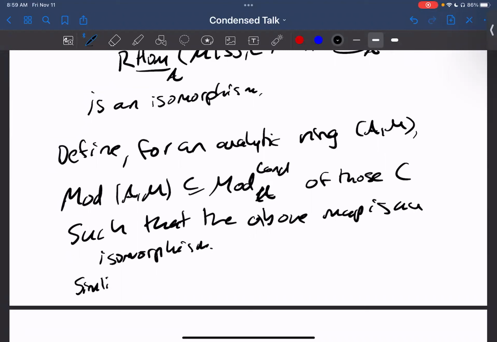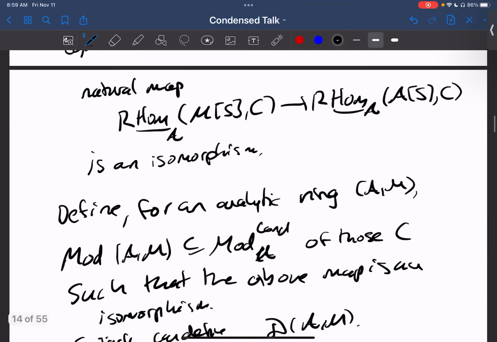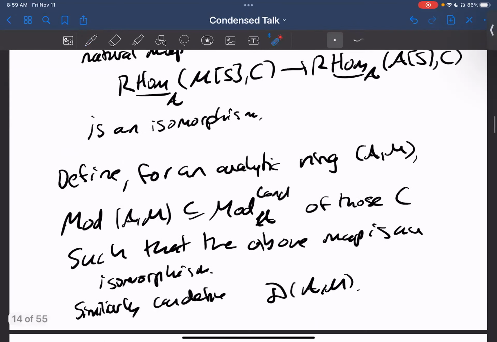Similarly, we can define the derived category of A M as the full subcategory of the derived category of A modules of those complexes such that this here is an isomorphism. And objects in that category are going to be precisely those with all of their homology groups in this one.